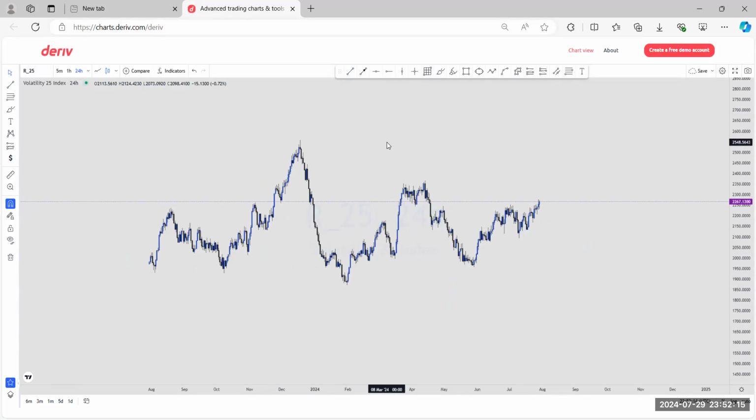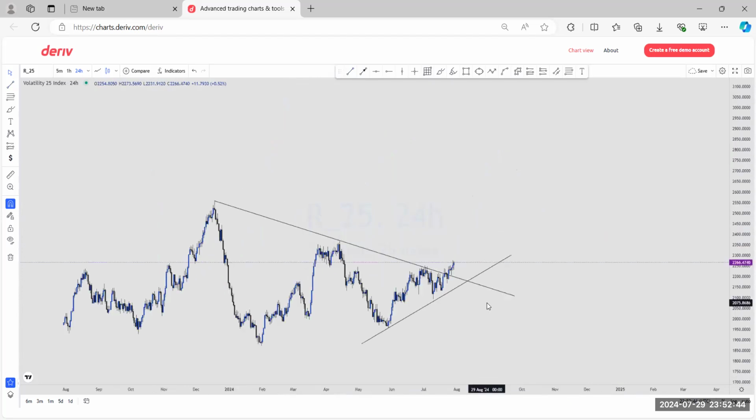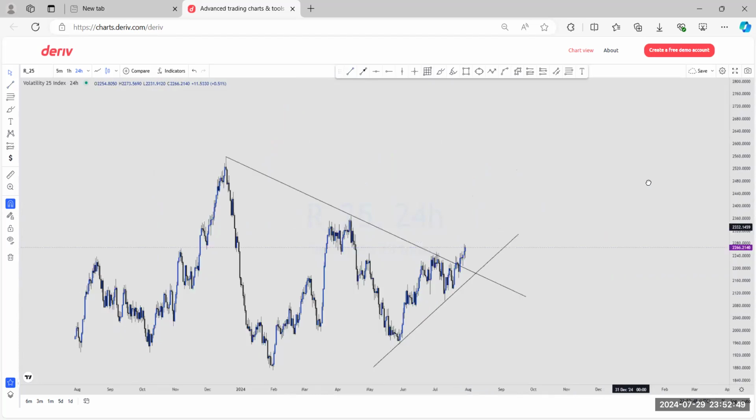So if you're a price action trader, then you are most likely to see this trend line here that has been broken on the daily time frame, and current price action is respecting this support trend line to the upside. So if you are a strict price action trader, that is what you may be seeing right now, incorporating your trend line into your chart analysis. Okay.